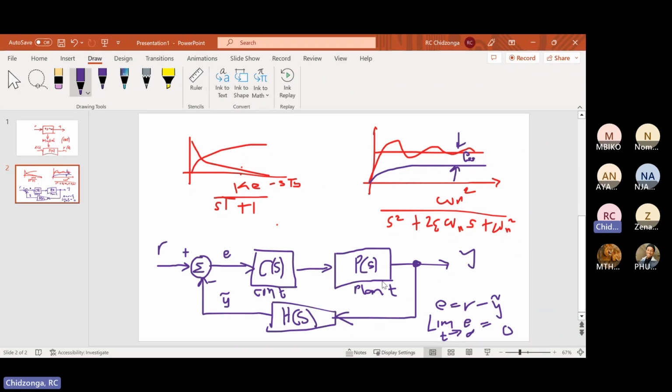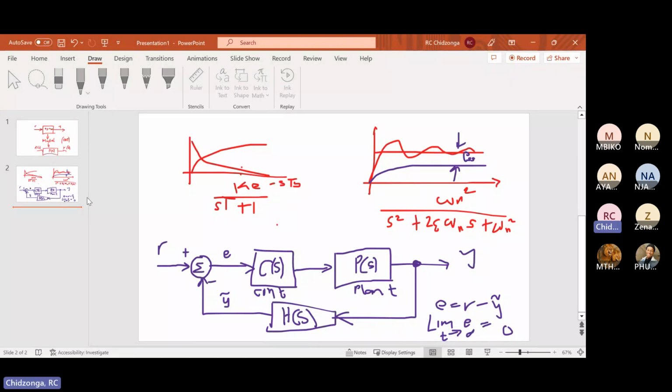Naturally, systems will not attain this status without you intervening to design a controller. So it is important to understand this background to where we are.